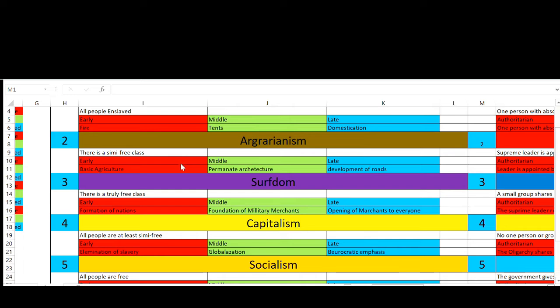We then have middle agrarianism, which basically expands this semi-free class by making permanent architecture, basically permanent buildings, so that you can focus more on the basic agriculture. You can focus on things like domestication and growing food, and so you no longer have to chase after your food anymore.